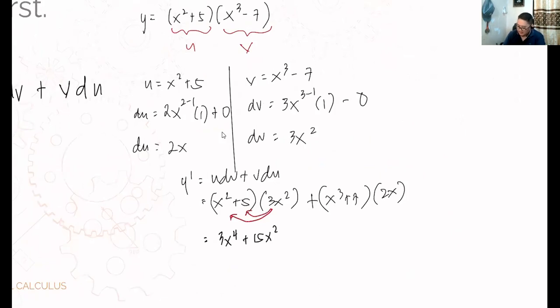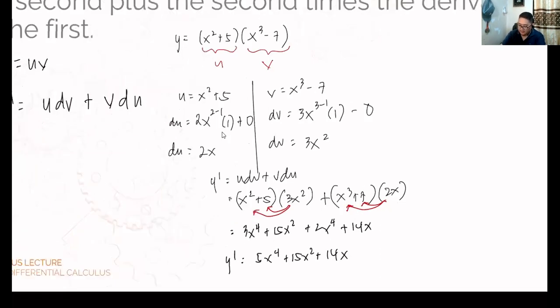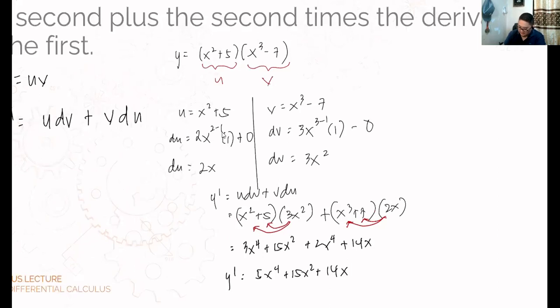Then yung isa, didistribute ko din. Okay, so plus 2x to the fourth plus 14x. Then combine nyo yung pwedeng i-combine. That will be 5x to the fourth plus 15x squared plus 14x. So kung wala na kayong pwedeng simplify doon sa given problem, that will be our final answer for this particular example. Okay?